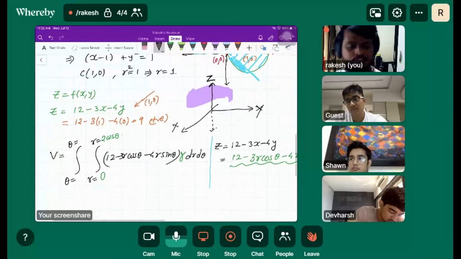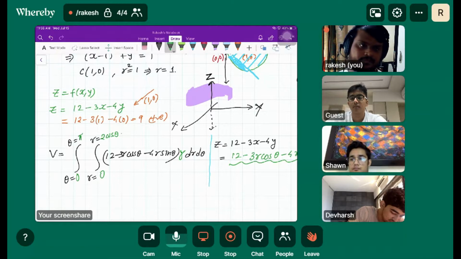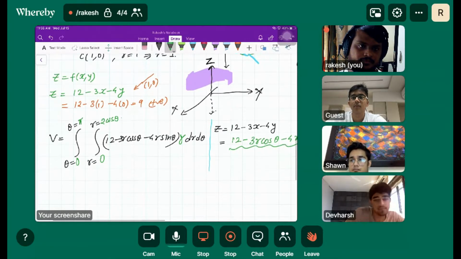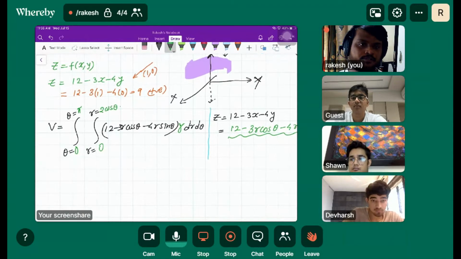So your limit for theta is 0 to pi. Did you understand this? What about you, Mano, Sean? Please verify if you understood it. Okay. Solve this now.